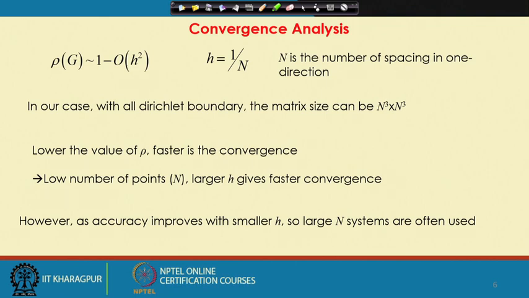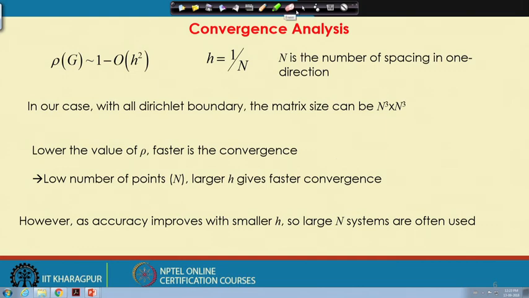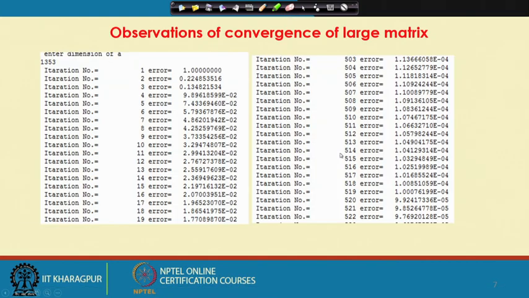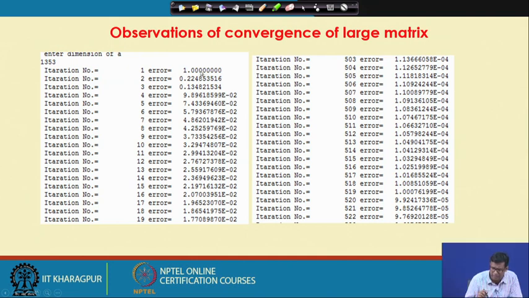So, the question is how we can improve the convergence even with the smaller h. We will again look into the convergence pattern for a large matrix. It is a matrix of 1353 by 1353, a different matrix, but again a large one. In the initial steps the error goes from 1 to 0.22, a 78% reduction in one step.